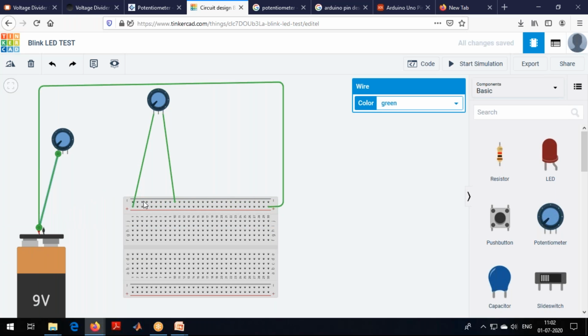Whatever connection I have made here is the same as connecting directly.